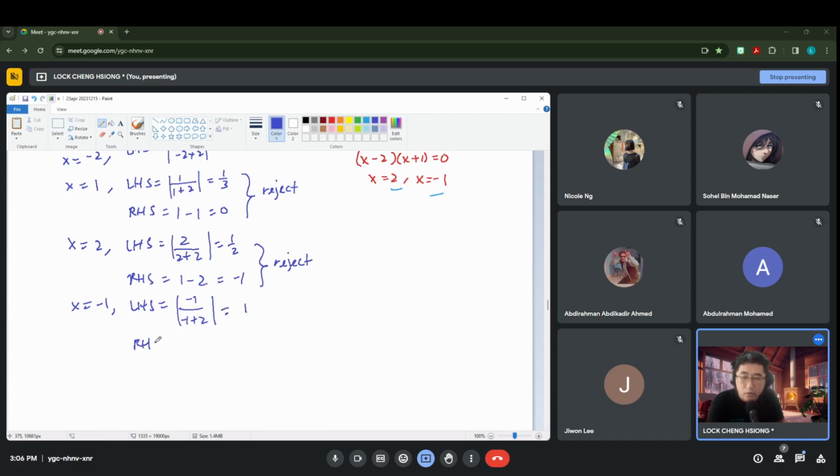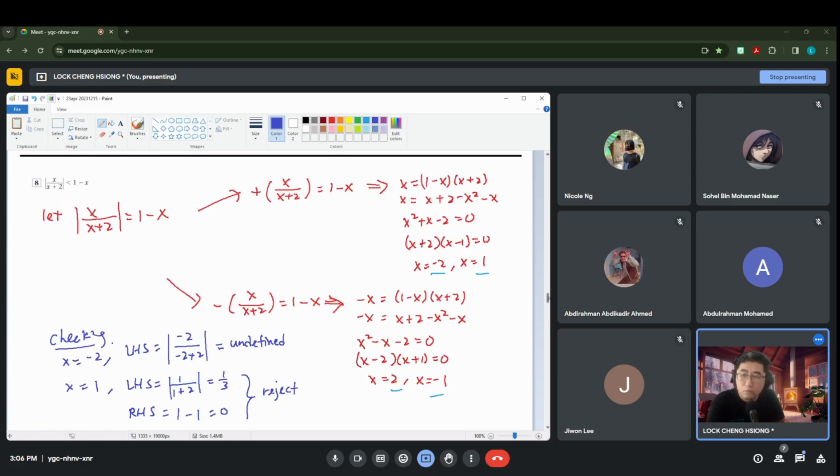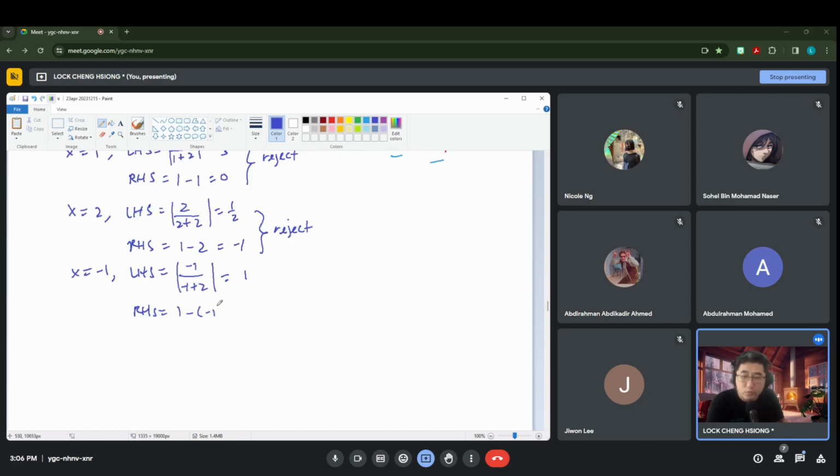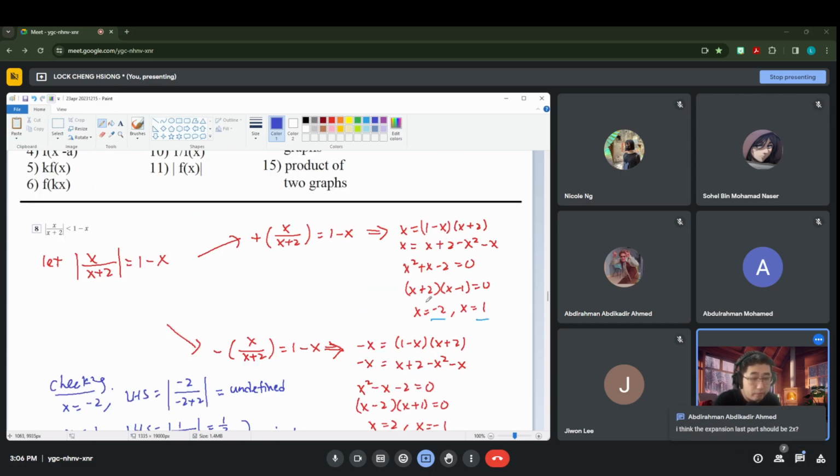Right hand side, 1 minus minus 1 equals 2. Definitely I made a mistake there.